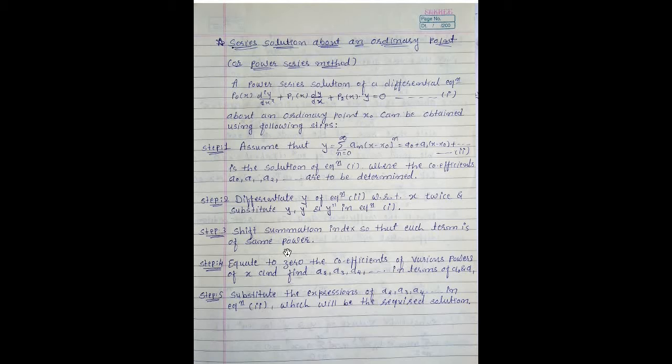Once the power of x is the same in every term and the summation index is also the same, we equate to 0 the coefficient of the various powers of x and find a2, a3, a4 and so on in terms of a0 and a1. Once we get the values of all these coefficients, we substitute them in the assumed series. That will be our required solution.